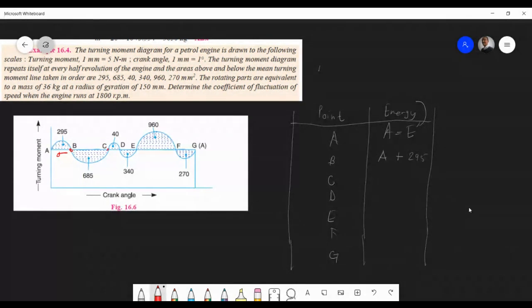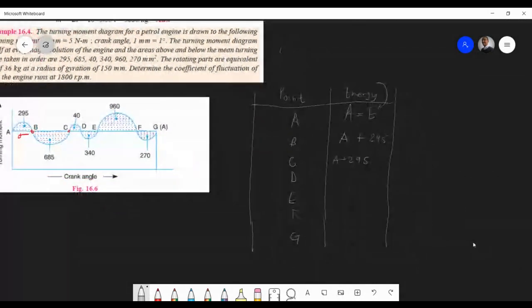Then at C, Mr. Doyle, can you tell me what C is, just by using pure logic? It's A plus 295 and... would it be minus 685? Beautiful, done. Plug and play. There we go. So what's plus 295 minus 685?